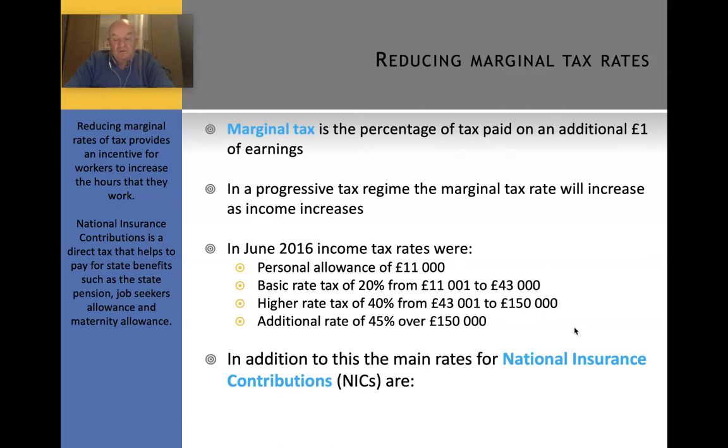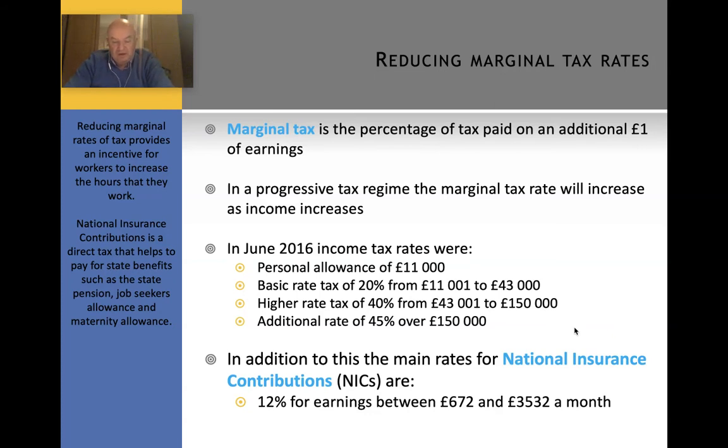Now, not only do we pay income tax, we also pay national insurance contributions, and these are normally a percentage of your earnings. So for anybody earning between £672 and £3,532 per month, they will pay national insurance contributions of around about 12%.